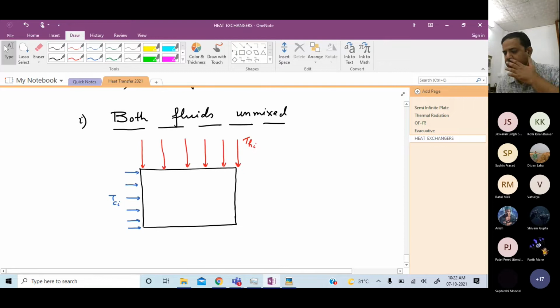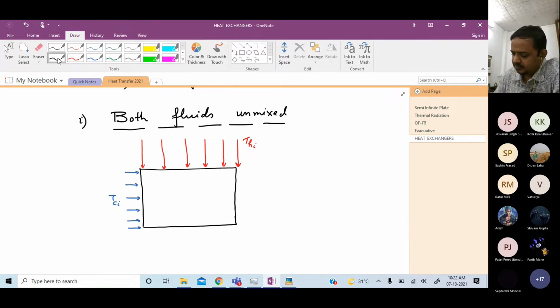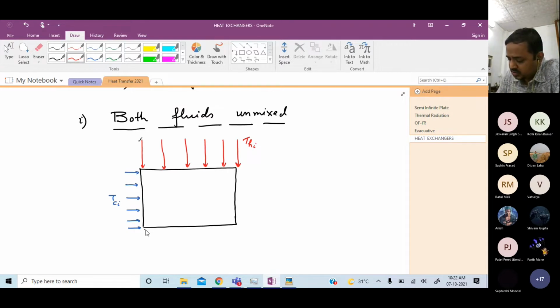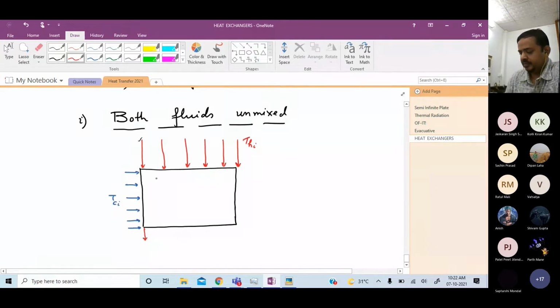Okay, both fluids unmixed is what we were discussing. So what will happen? The fluid at the left end is going to encounter the coldest temperature. So at the outlet, it is going to cool down the most. Then this cold fluid, as it is flowing, is going to heat up.